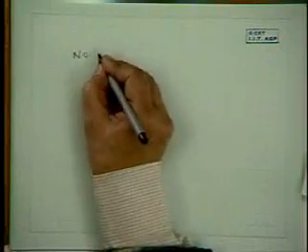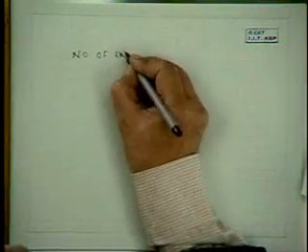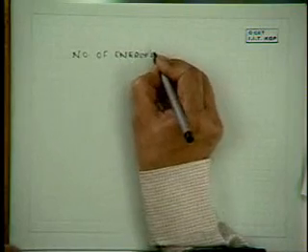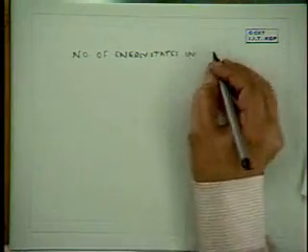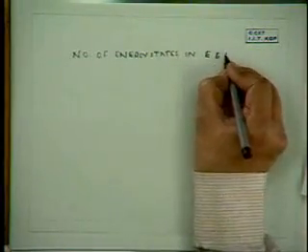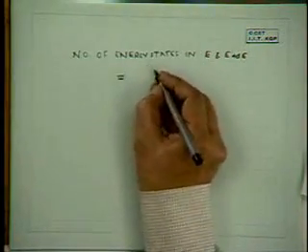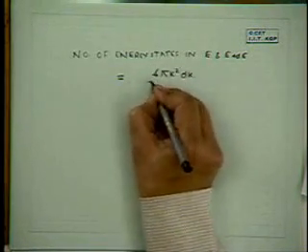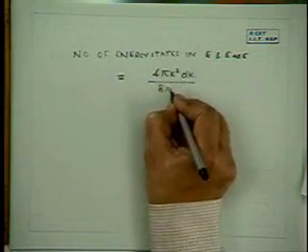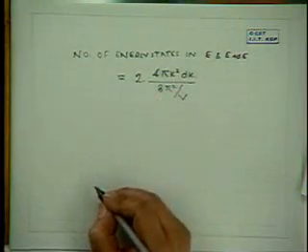Hence, the number of energy states in the energy space between E and E plus dE is 4 pi k squared dk over 8 pi cubed by V multiplied by the factor of 2 for 2 electron spins.